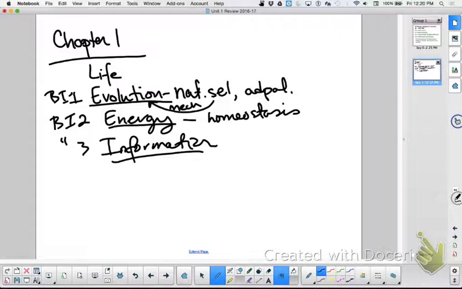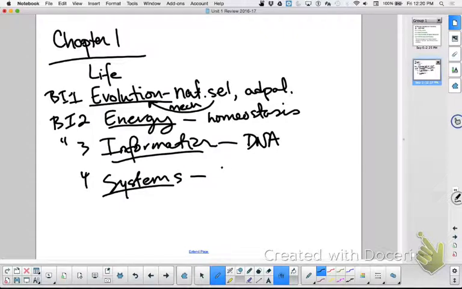And then what's the S? Systems. Now, under systems, we talked about what? You remember? Did we talk about organization of life? Atom, what? Molecule, organelle, cell. Why did we go like this with cell?